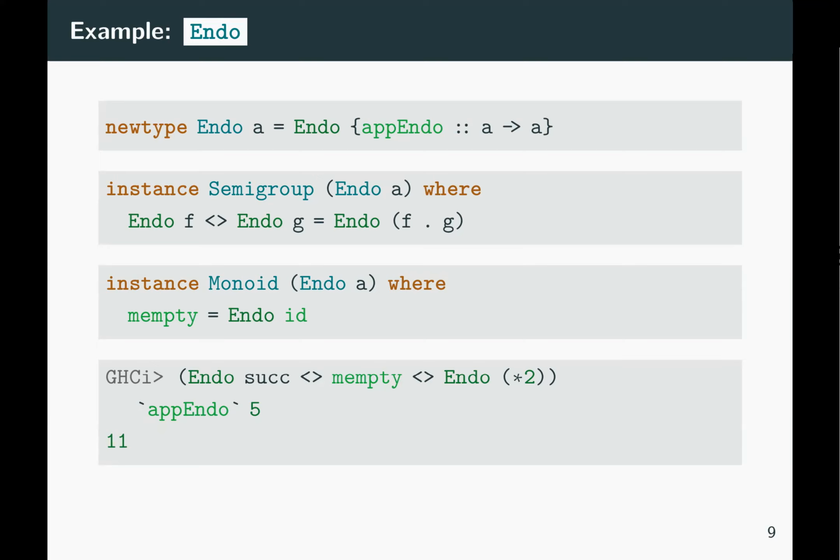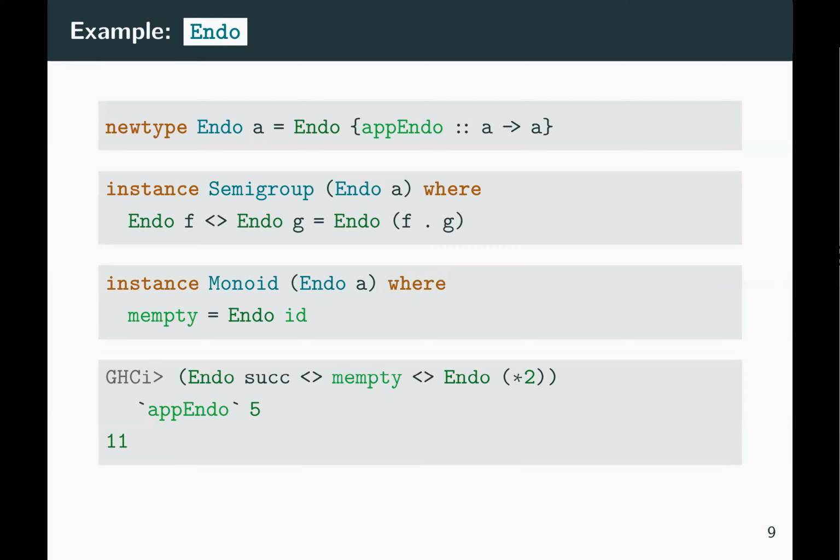Right. And actually, when we talked about parsers, we had these Alternative and MonadPlus classes. In principle, they also imply that Parser A, for a fixed type A, is also a monoid. That's basically what Alternative says: for every type, it's a monoid. And the same for MonadPlus.